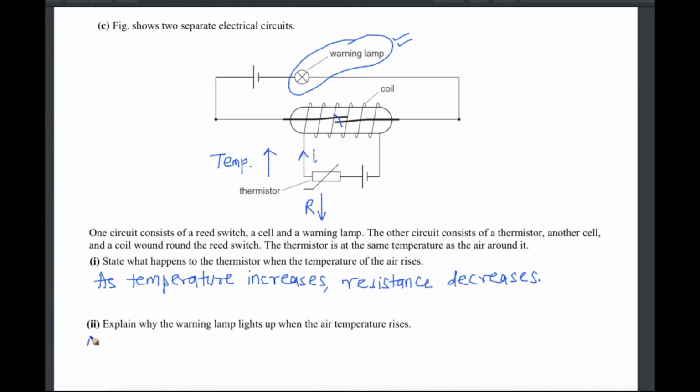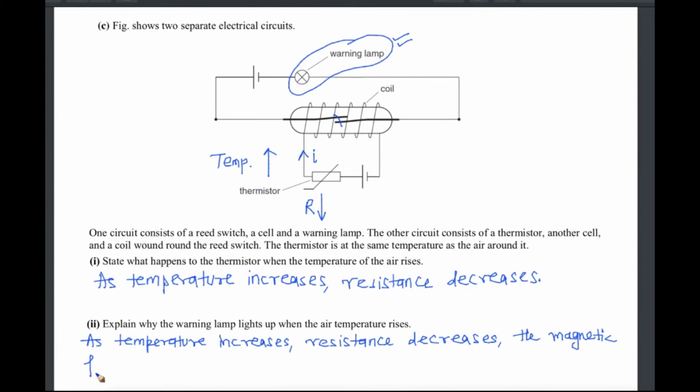So you have to explain the whole process: as temperature increases, resistance decreases, and the magnetic field in this coil increases, and the reed switch is closed.